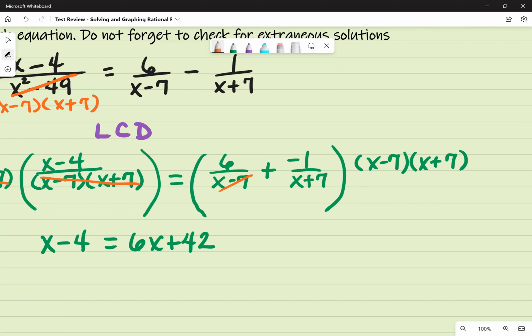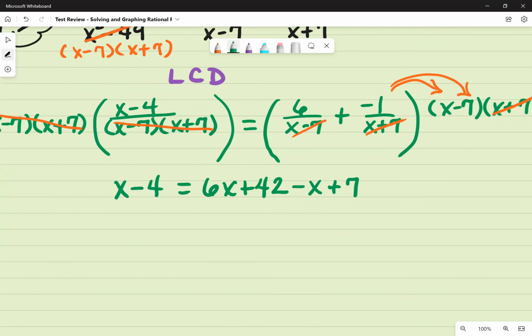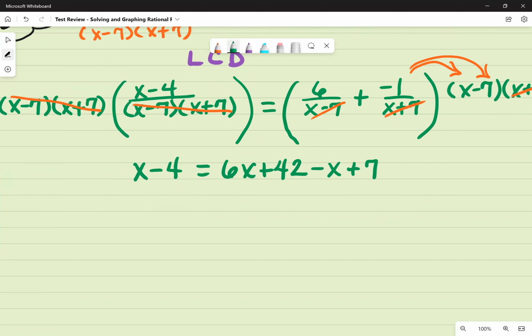What I notice this time is x plus 7 is the same. However, on the outside, I still have an x minus 7, which has to be multiplied times the numerator of the second fraction. So when I multiply this, I have to distribute it. And what I'm left with is negative x plus 7. So now what I want to do is I want to combine all of my x's together and all of my constants together.